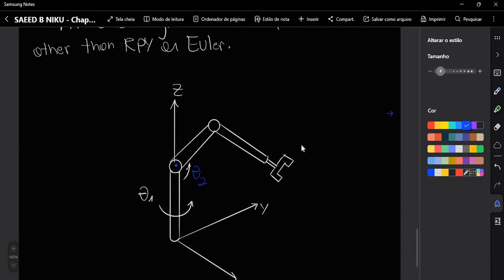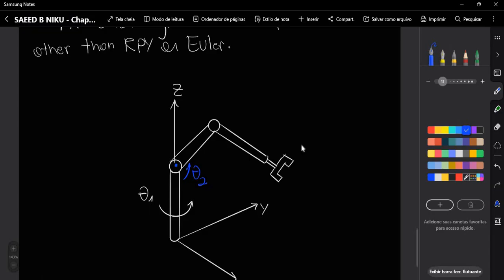So the transformation that we are doing with this theta 2 is a transformation around the axis that is pointing outside of the screen. So with something like that.